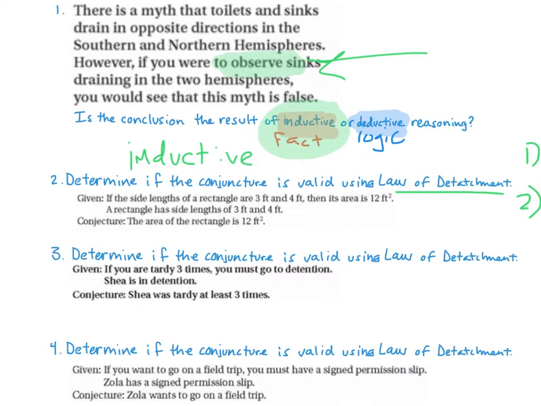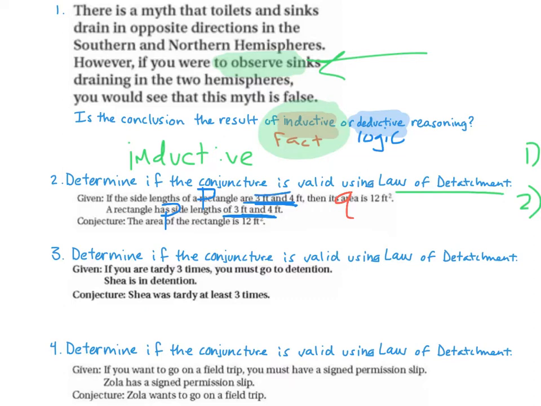So in number 2, we have if the side lengths of a rectangle are 3 feet and 4 feet, so this would be our P, then its area is 12 feet squared. So this is our Q. A rectangle has side lengths of 3 feet and 4 feet. So we see 3 feet and 4 feet again, which we saw in the P. So this would be our P again.